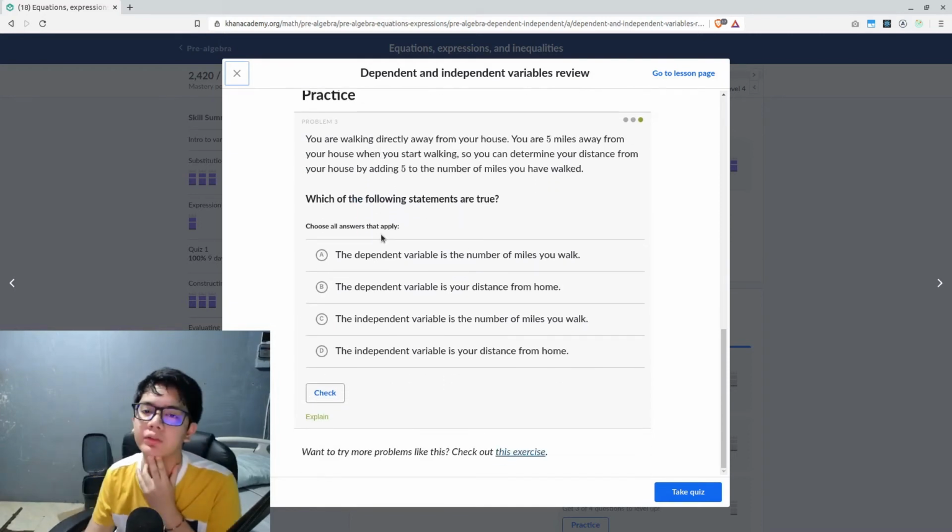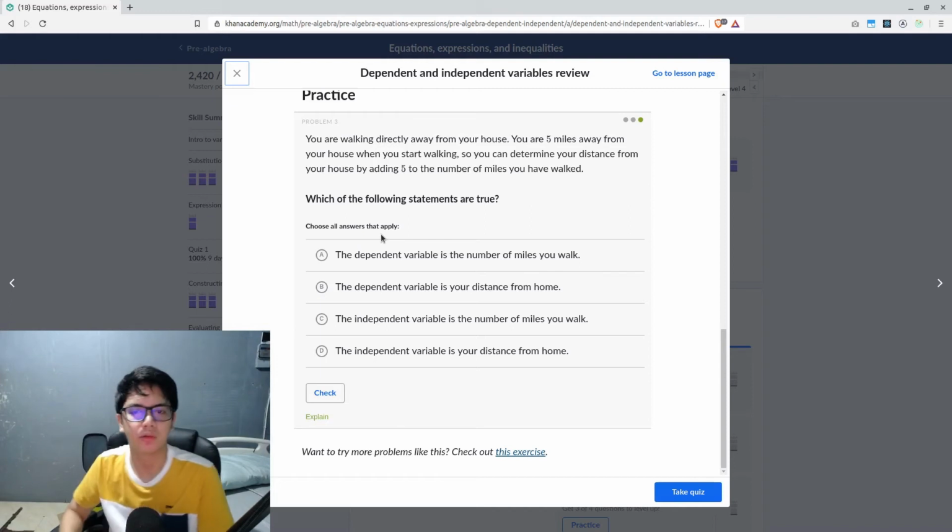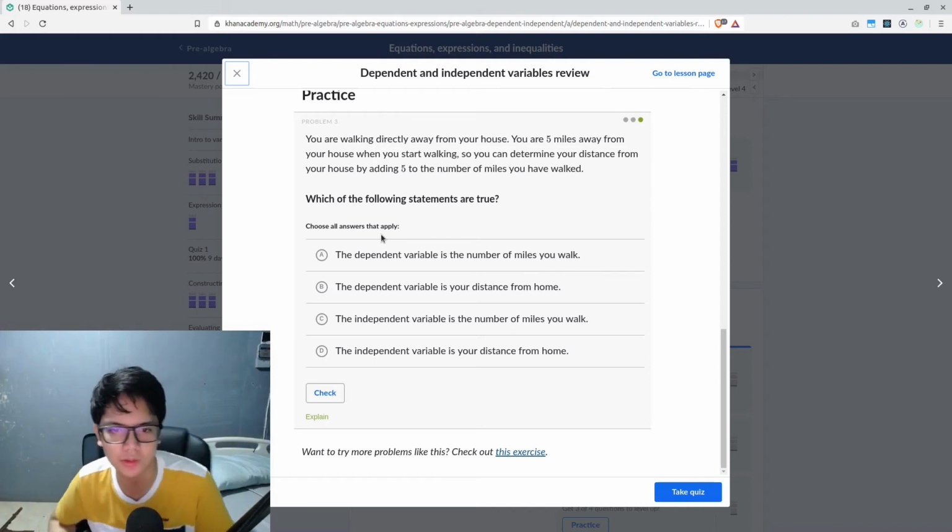You are walking directly away from your house. You are 5 miles away from your house, and you start walking.